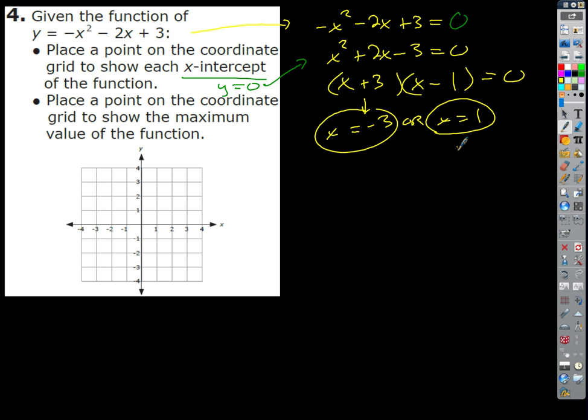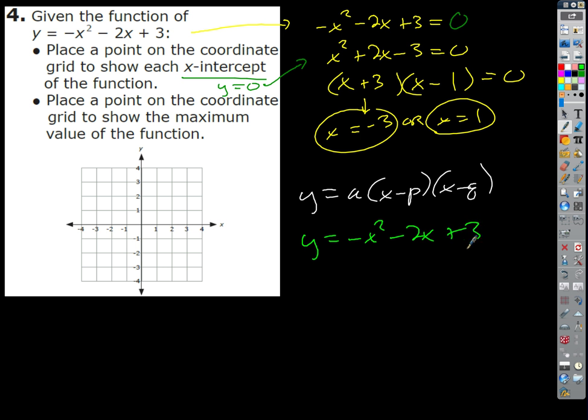The other thing I could do is put this back into factored form, or intercepts form: y equals a times x minus p times x minus q. I'm starting with y equals -x squared minus 2x plus 3. I have to know what a is. A is negative 1, whatever the coefficient of x squared is, and I have to factor that out.